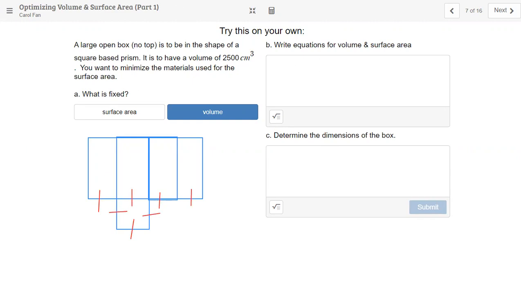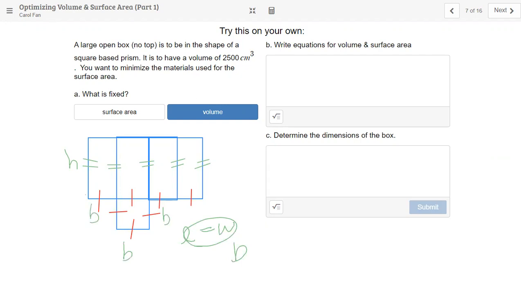And then I have these sides that are also the same. Let's label this. So I'm going to call this side H, and the base, because the length is equal to the width, I'm going to just call this whole thing B. So I have B, B, and B.